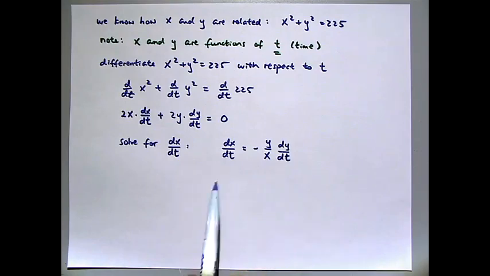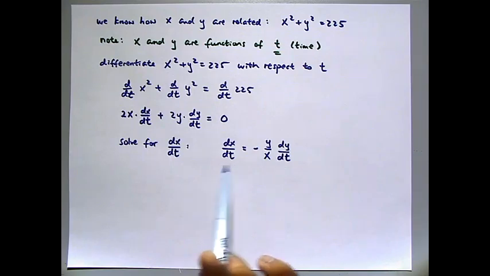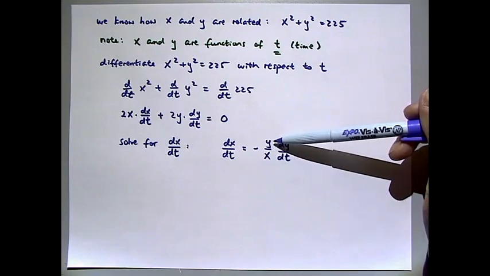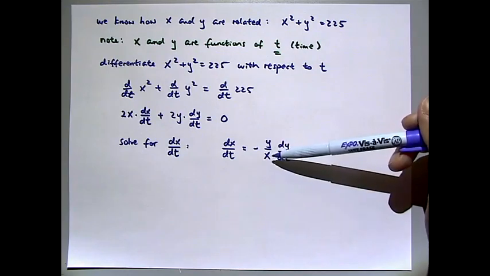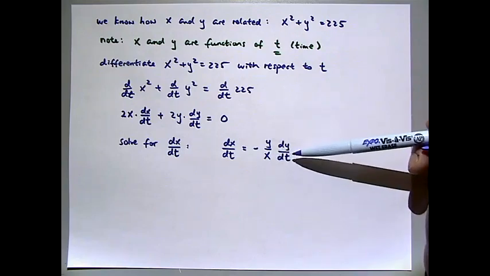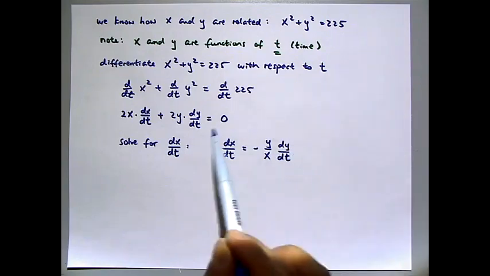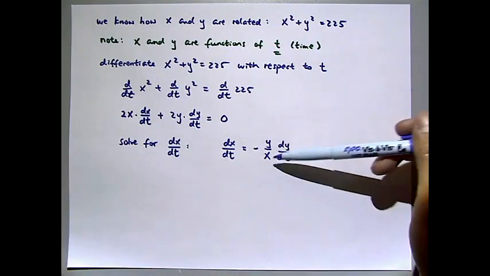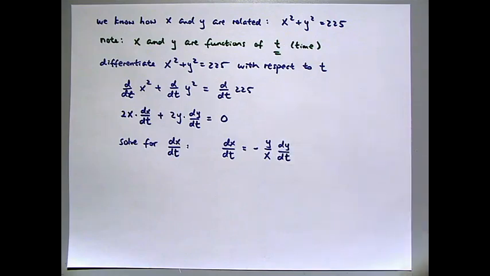So this is saying that at any given time, the horizontal component of velocity is always equal to negative of the y component of position divided by the x component of position times the vertical component of the velocity. This equation holds for all instances of time. The only trouble is when x is equal to 0. But we're not dealing with x equal to 0, so that's not a problem here.